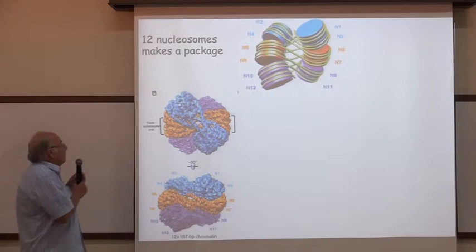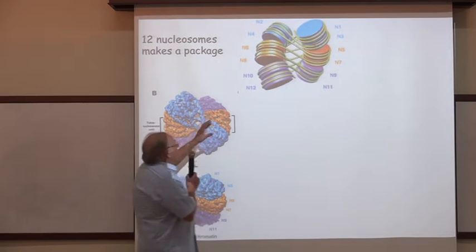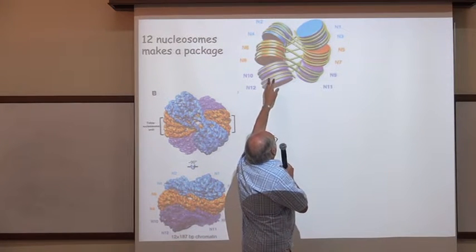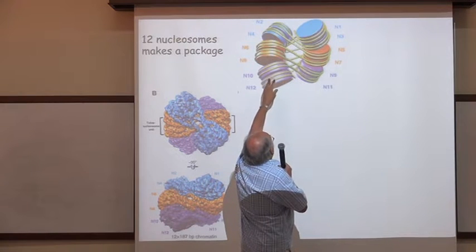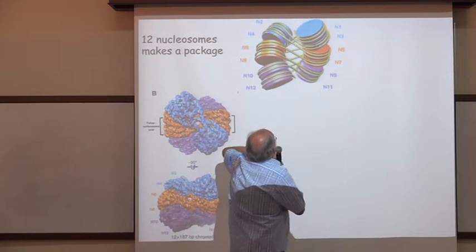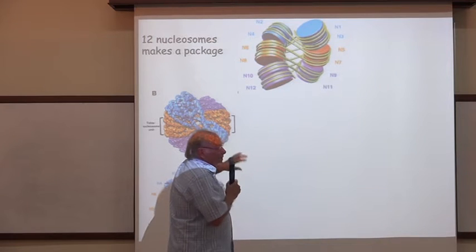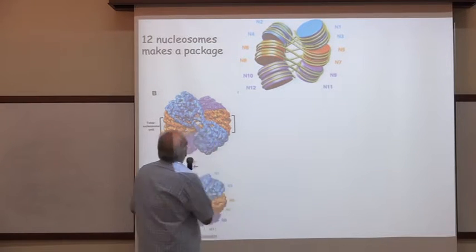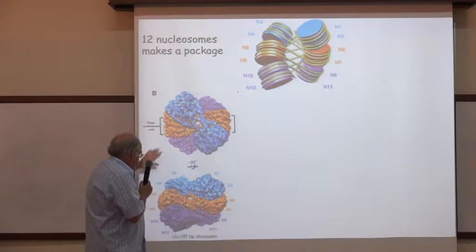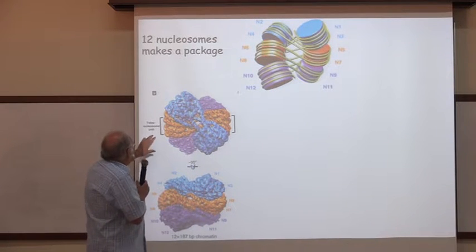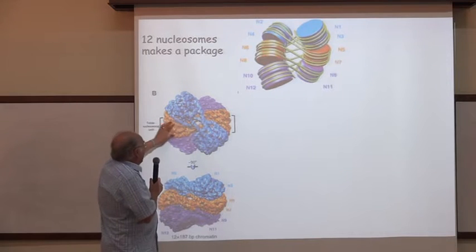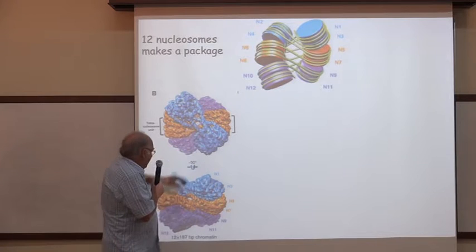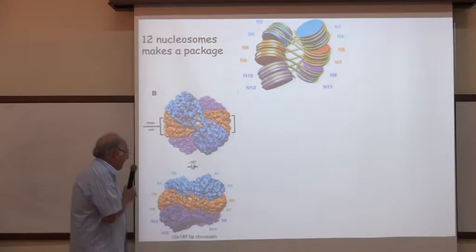And then if you start from four, so here in the bottom there are four, then four in purple, four in orange and four in blue. So this is the way the set of four nucleosomes pack to each other. And so here you see the same thing but drawn in a different way. The blue, the brown, and the purple seen in two different directions.